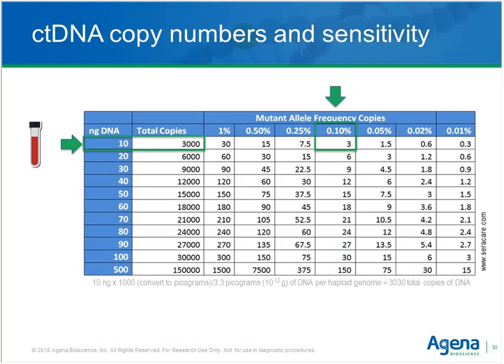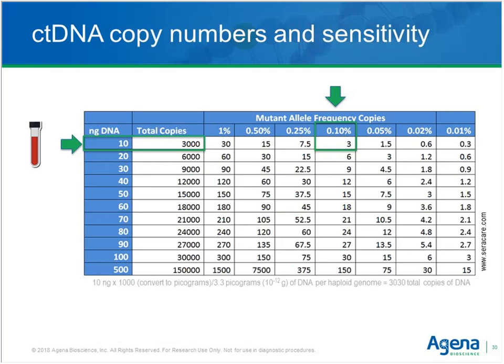In the green part, starting from the middle, where you can see the number 3, number 3 represents a low number of mutant molecules that you want to be able to detect.